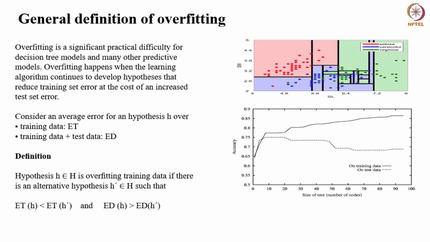So this means that there are other, better hypotheses with respect to the accuracy for test data.